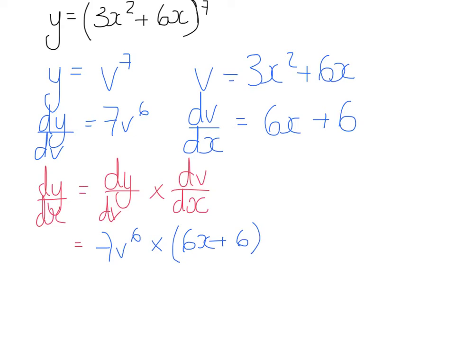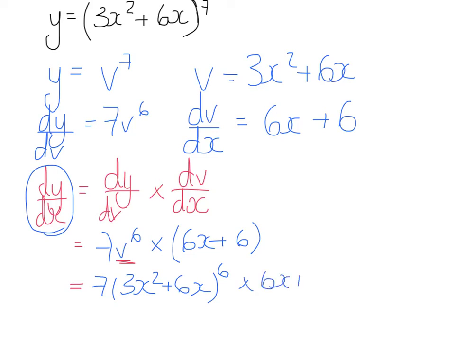Now, we're talking about dy by dx here, so actually we don't want to see this v anymore. But we know what v is, we established that. v is 3x squared plus 6x. So now we can replace that as well. So we've got (3x squared plus 6x) to the power of 6 times (6x plus 6).